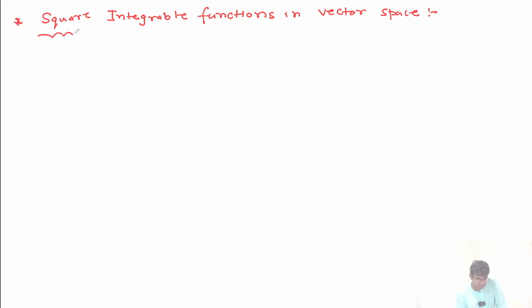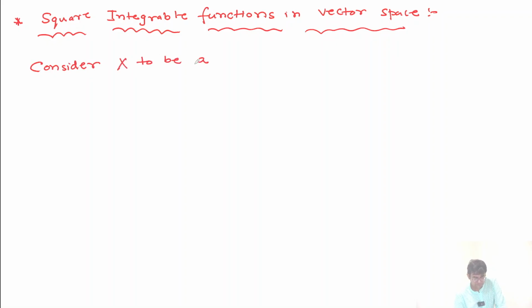So consider x to be a random variable. Now, although I am writing x to be a random variable, you should imagine x to be a vector, and it is actually a collection of random variables. In our notation, I think it is k dimensional, right?